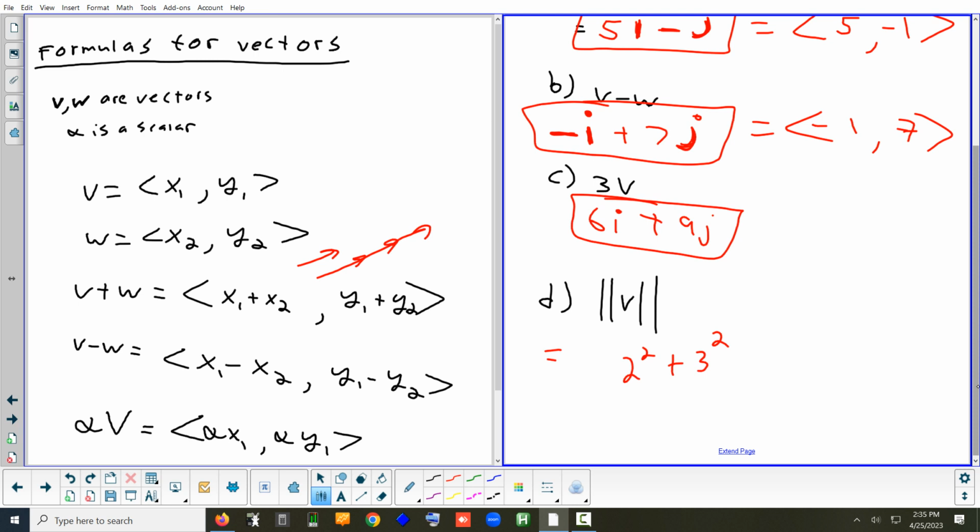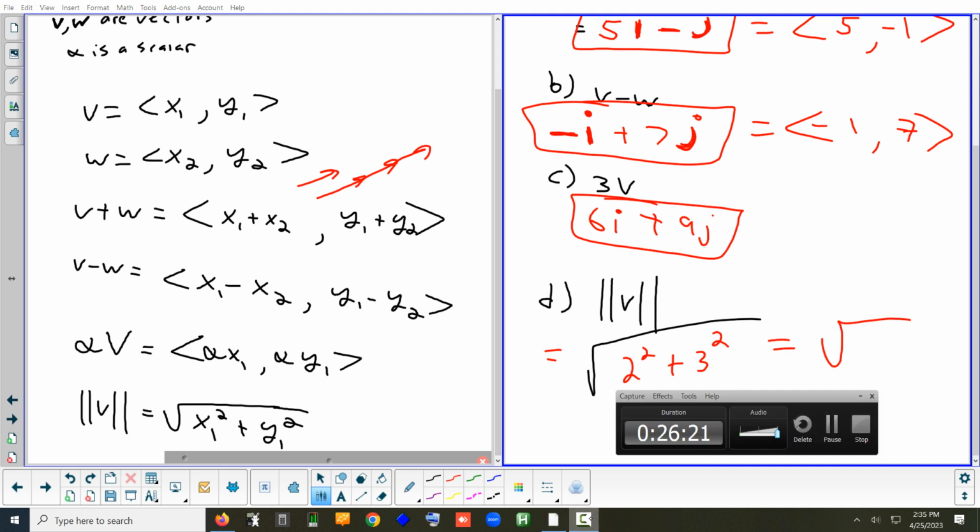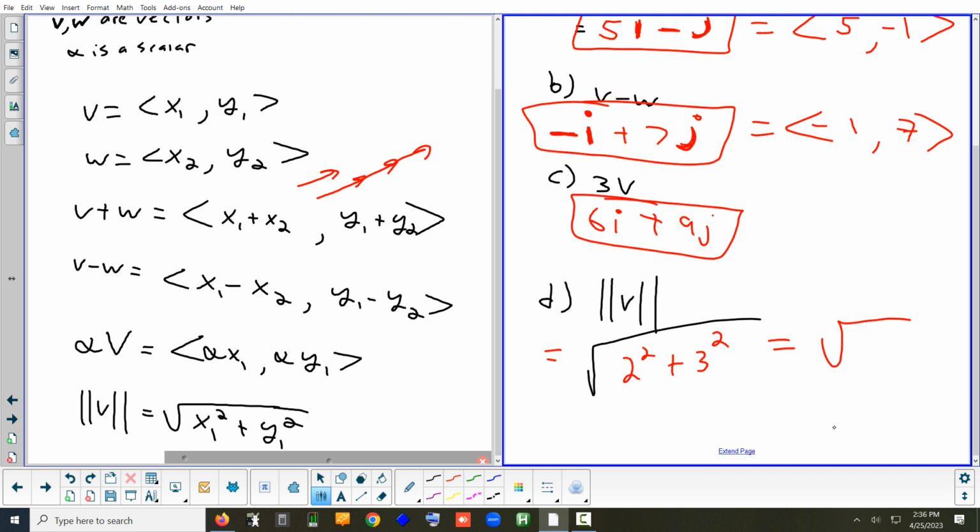Square root. Right. We want to make sure we take the square root. So what do we get when we simplify that? Square root of how much? 13.